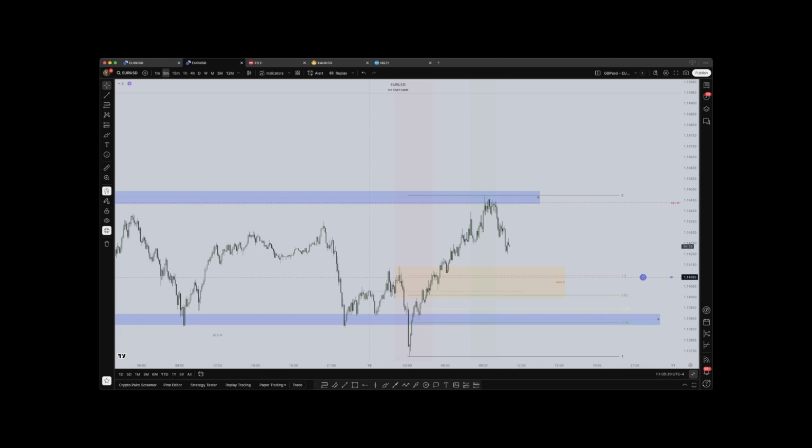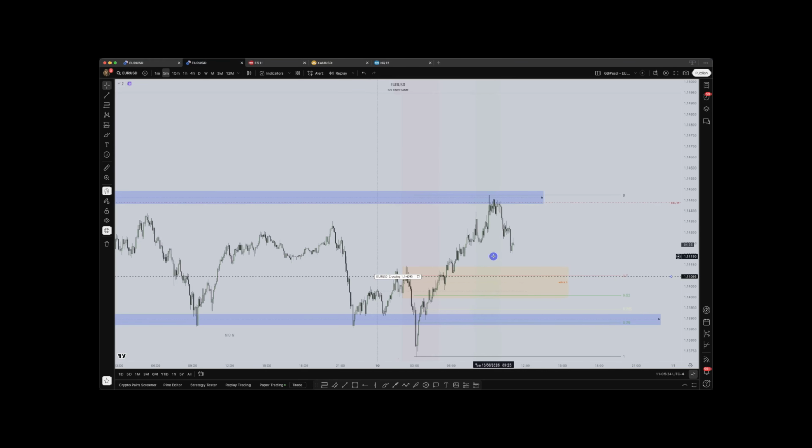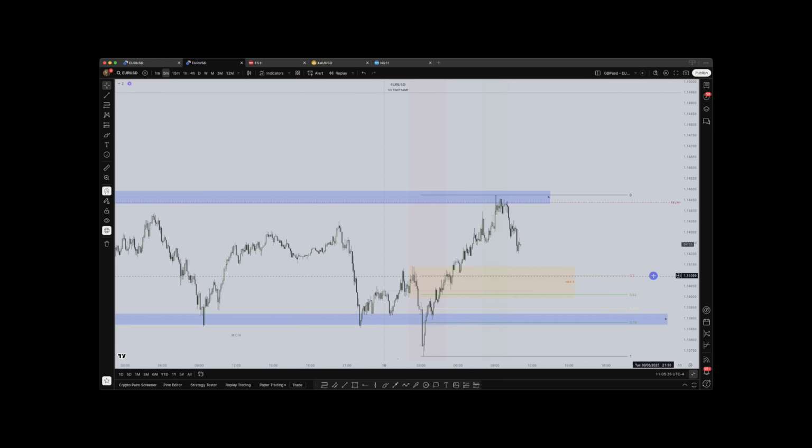I set my alarm here, so I'm just checking for curiosity how it's going, but I don't need to check every time because I have the alarm.